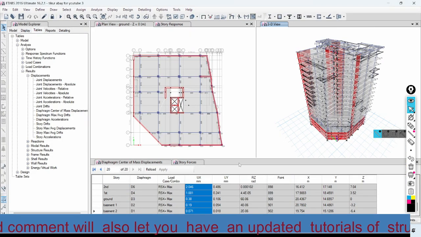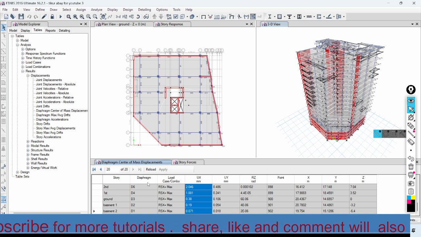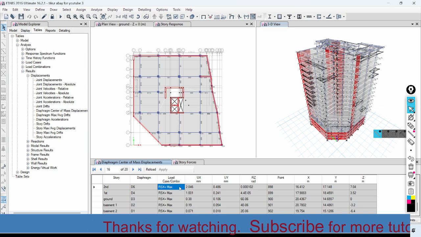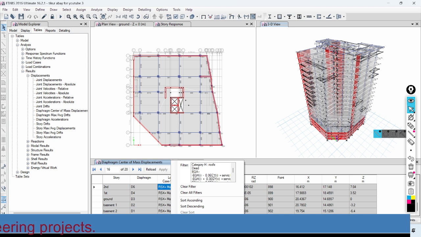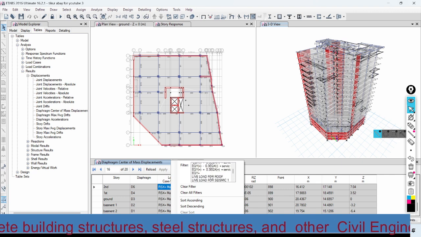So to do this, here I can take the displacement in order to save time. Here negative x direction. That means response spectrum in negative x direction.